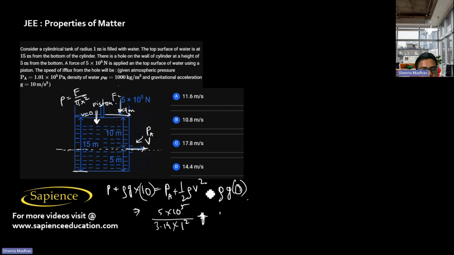Rho is the density of water, it's 10 power 3, and G is 10. That is equal to P A, which is 1.01 into 10 power 5, plus half rho V square, half into 1000, 10 power 3, into V square. So this V we have to find out, which is the speed of efflux in the hole.